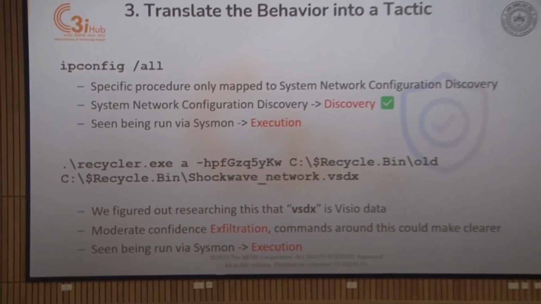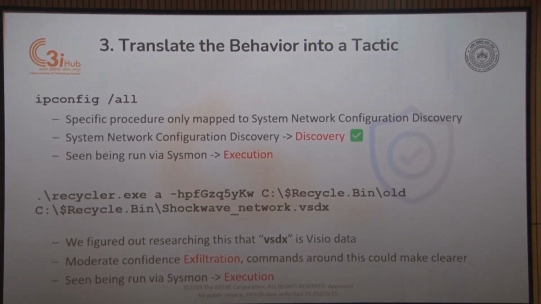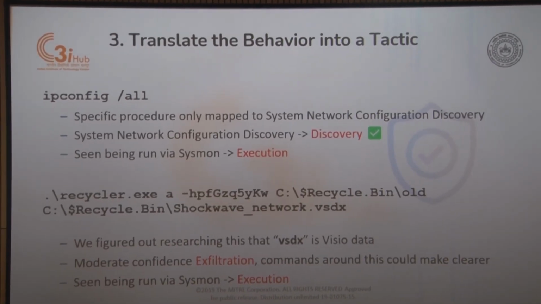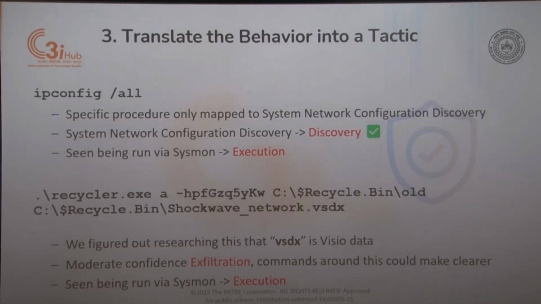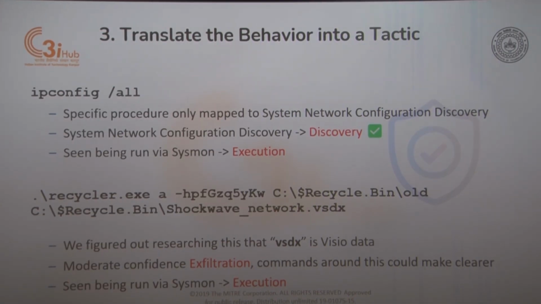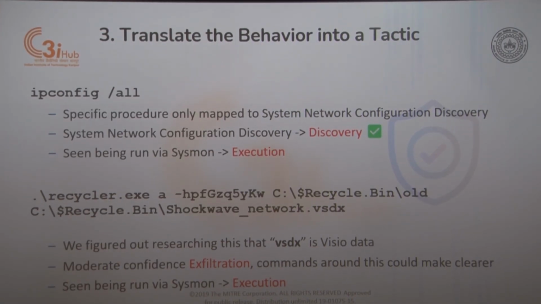Now here we found that in this larger sc service create command, VSDX is Visio. So moderate confidence that this is exfiltration, because we are trying to compress and encrypt the file, it is likely to be exfiltration, and then it is being seen to run by Sysmon, which is basically execution, right? So this is how we are mapping the tactics.